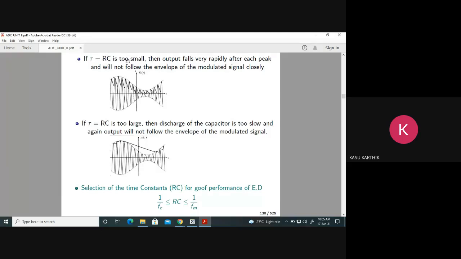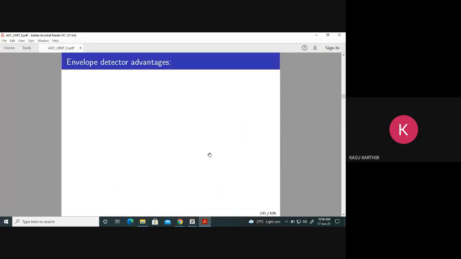If it is too small, it cannot follow the envelope. If it is too large also, it cannot follow the envelope. So if it is between 1 by fc and 1 by fm, then only you get the desired output. This is one of the important things to remember when it is concerned with the envelope detector.